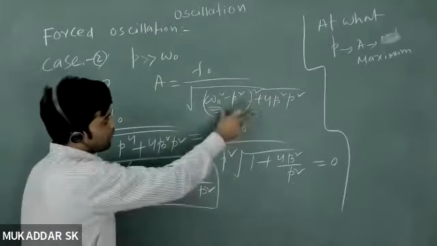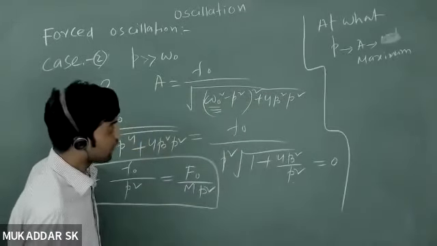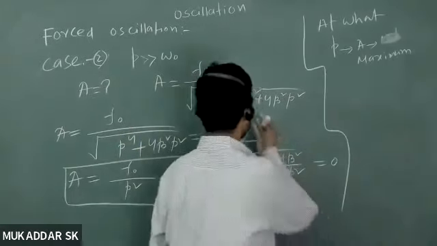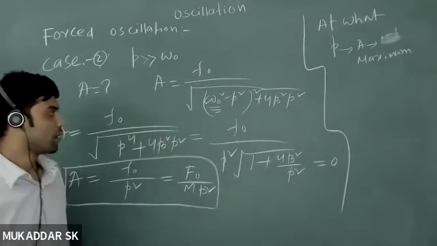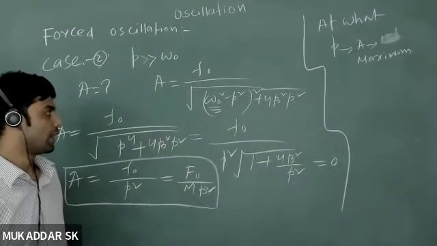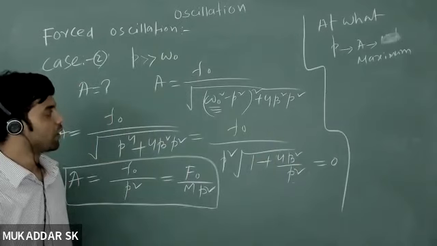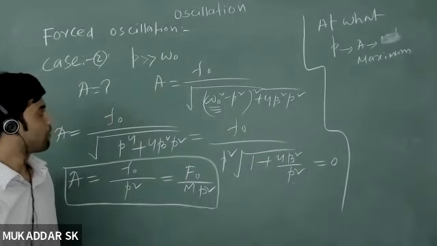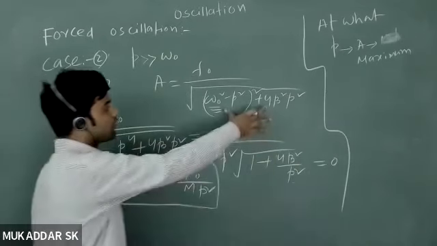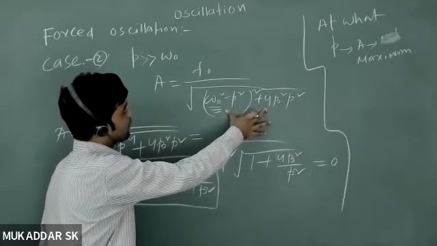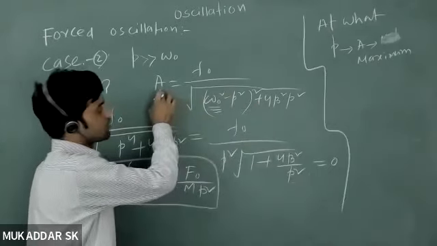And how will you calculate that minimum and maximum condition? You know that part. You just have to differentiate with respect to P and equate with 0, and that will provide the value of P. At that value, you will have the minimum of this term, which means in this scenario the amplitude will become maximum.